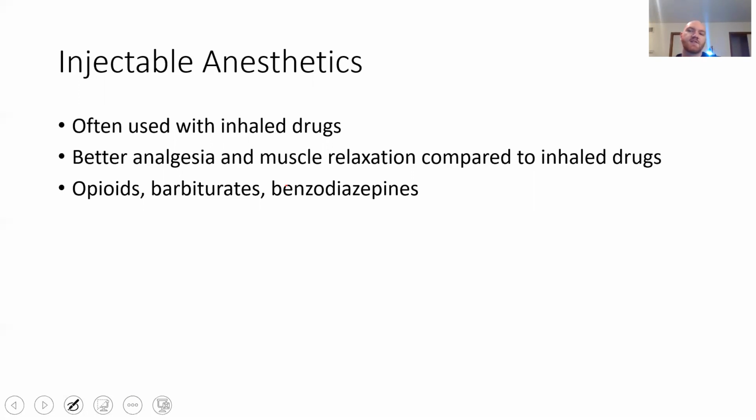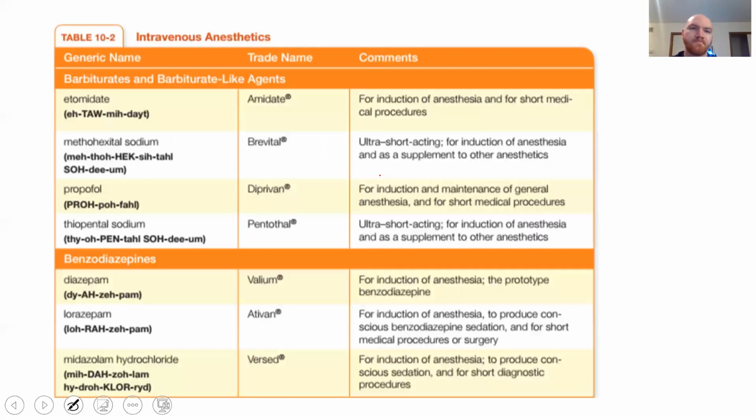The inhaleds have better hypnotic sedative effects, whereas the injectables have better analgesia and muscle relaxation. Common ones are opioids, barbiturates, and benzodiazepines.